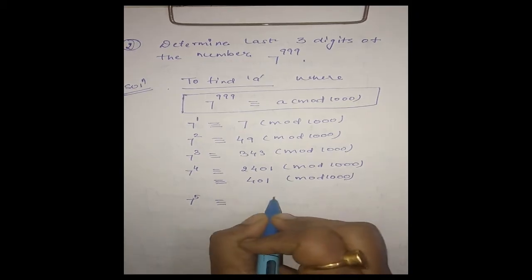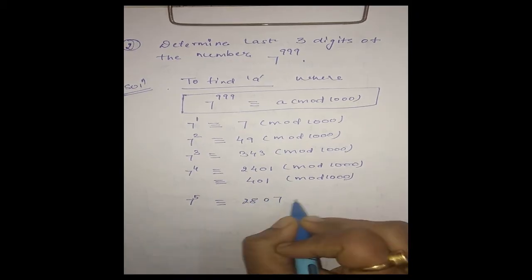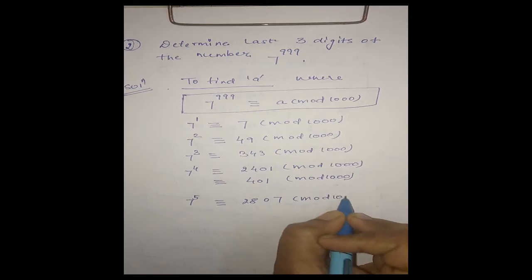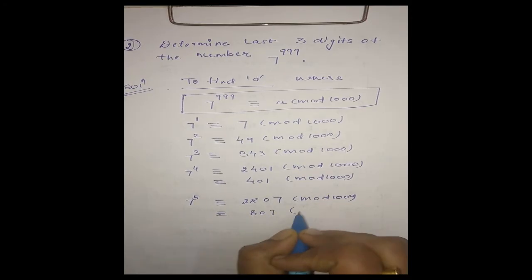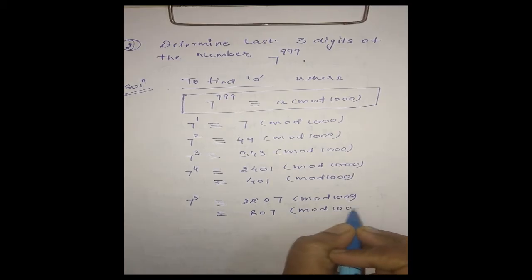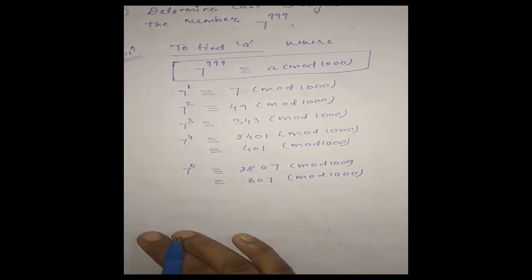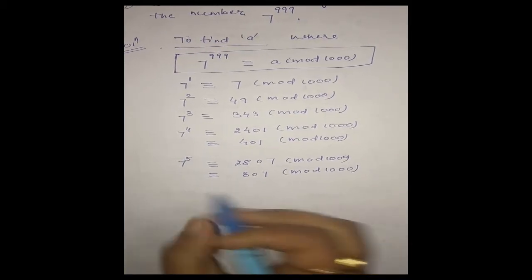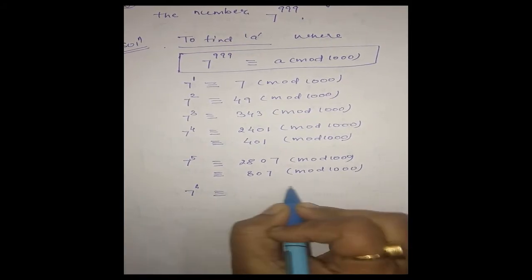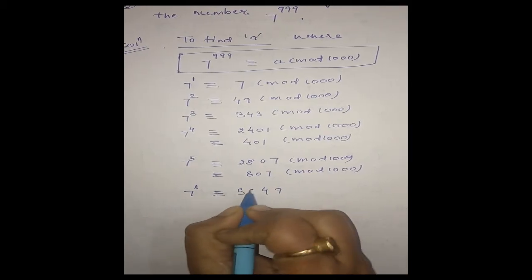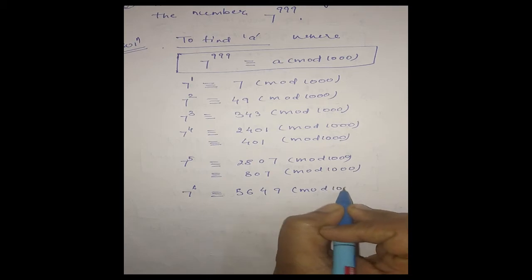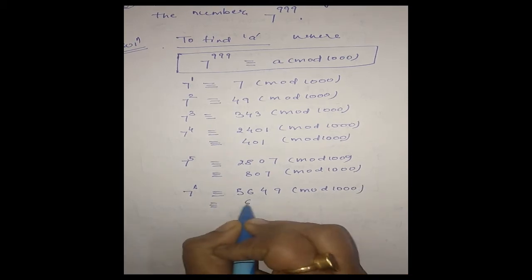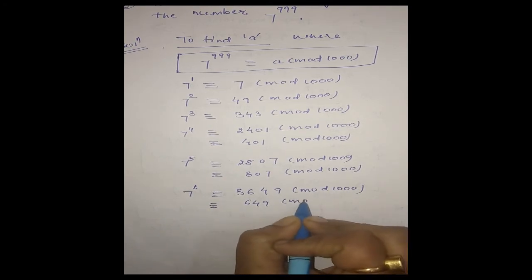Now multiplying by 7 here, 1000, and remainder will be 807 modulo 1000. Clear? Now 7 power 6. 5649 modulo 1000. That is 649 modulo 1000.